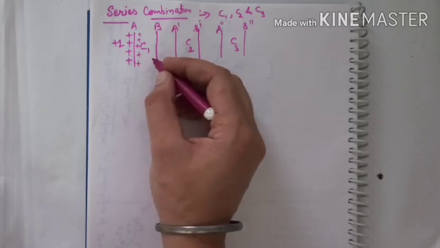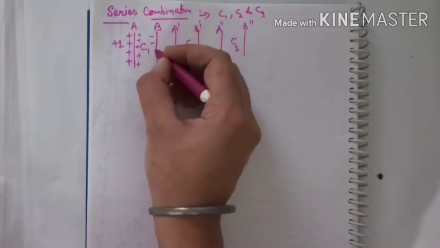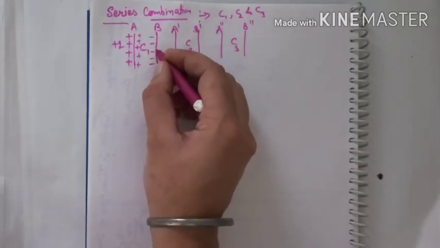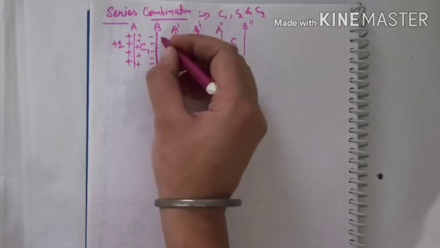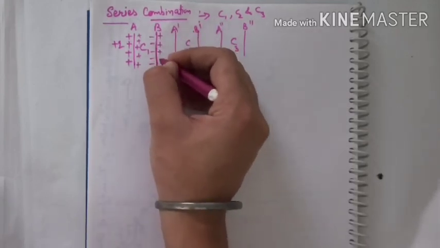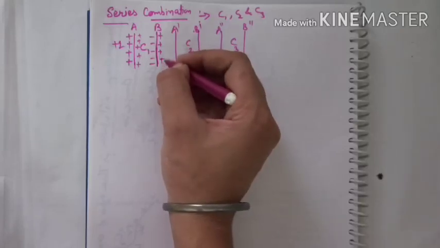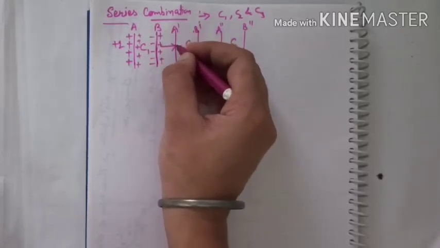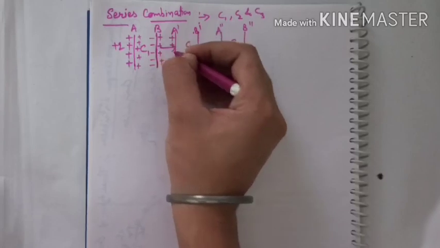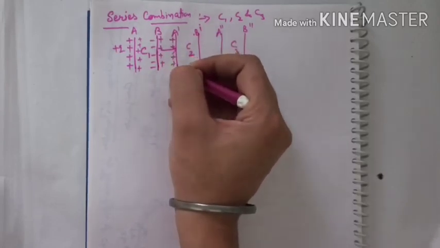By induction, we know that negative charge is induced here and the same charge on the other side. This side is connected to A dash, so here is the same positive charge.